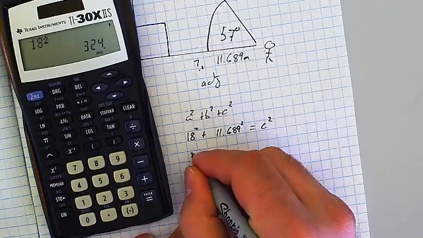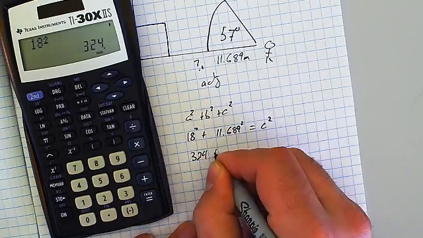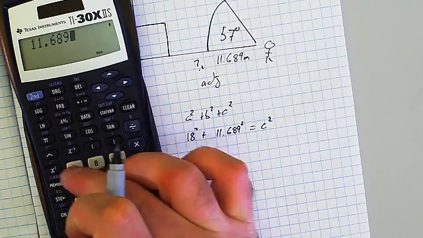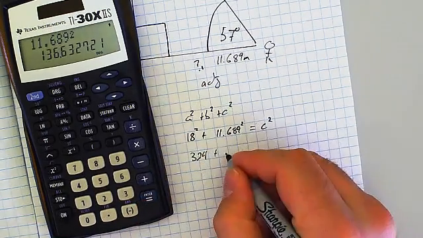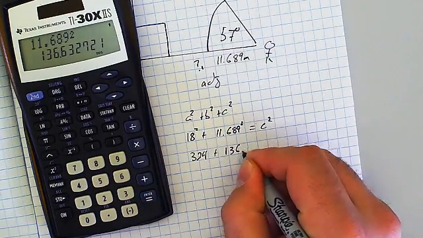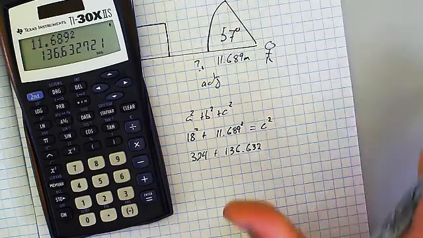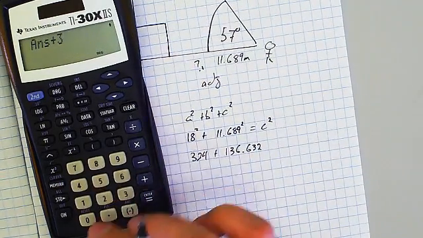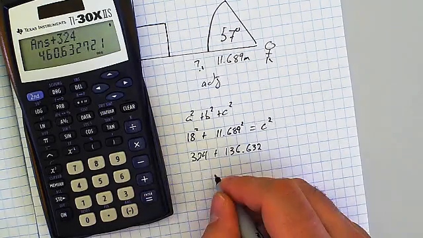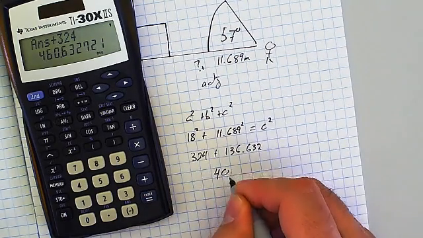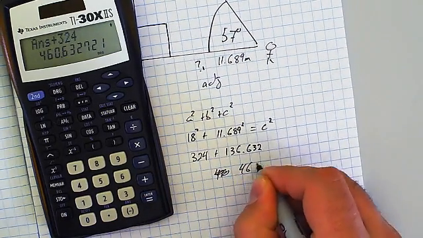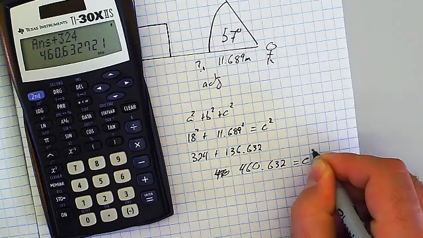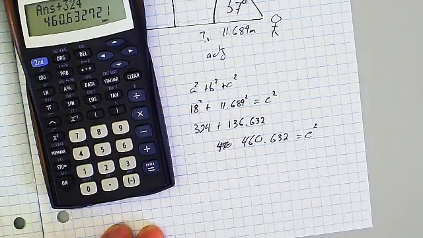18 squared, or 18 times 18, is 324 plus 11.689 squared is 136.632. It's always good to keep as many decimal places as you can. When I add these two together, I get c squared equals 460.632.